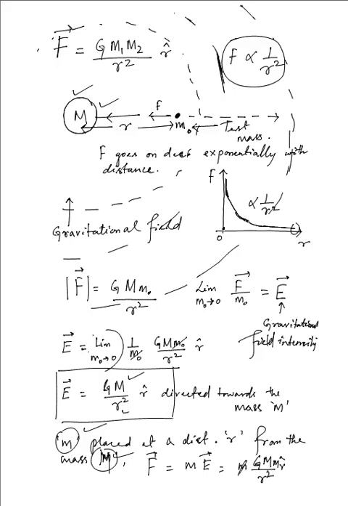Now with the field intensity available to us, we can determine the field intensity in case of our very own Earth. Any object which is placed above the Earth is at a distance equal to the radius of the Earth from the center.